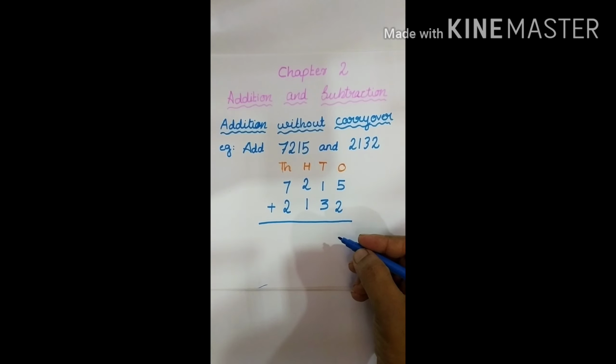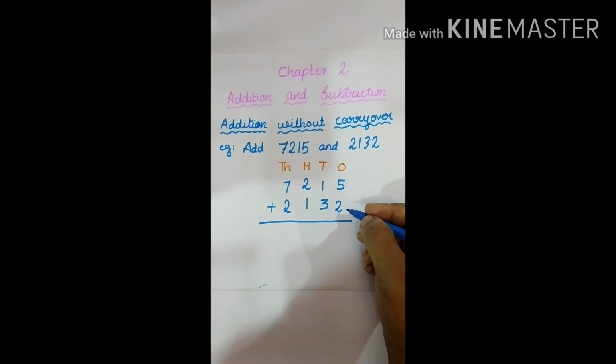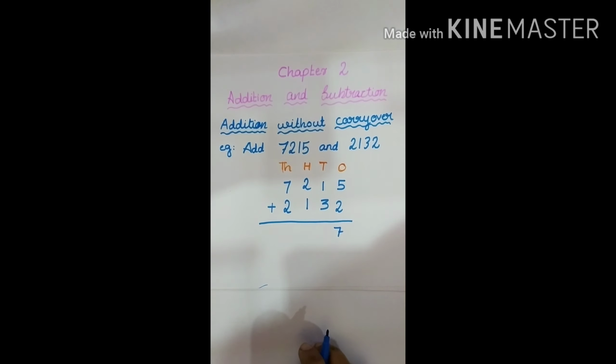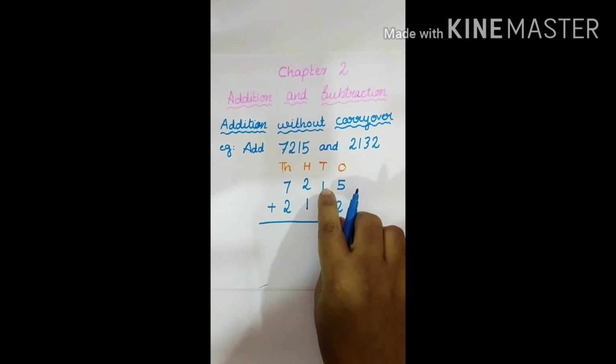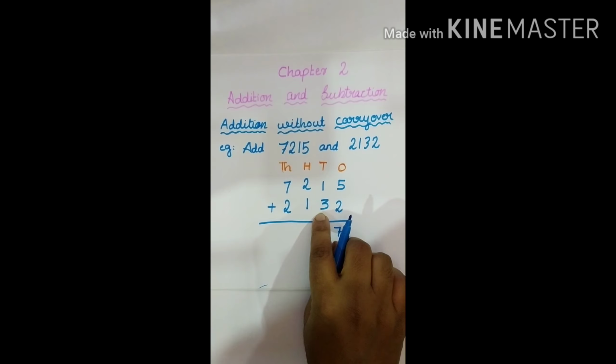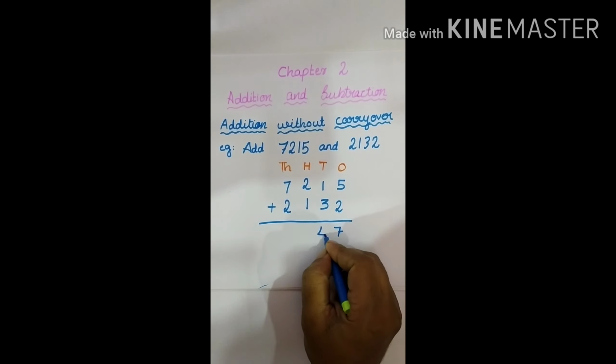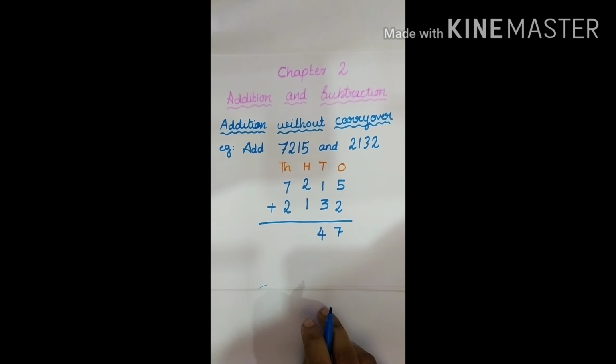We add the ones. 0 plus 2 is equal to 2. So we write 2 in the ones column. Then we go to the tens column. 5 plus 3 is equal to 8. So we write 8 in the tens column. Then we go to the hundreds place.